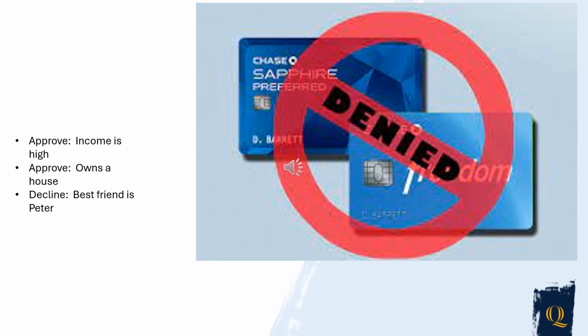However, the decision-making process must be rooted in relevant data. As you can see in the third point on the slide, a model shouldn't reject someone's application because their best friend is Peter. That would be irrelevant and a sign of a faulty model. The purpose of a well-trained predictive model is to use accurate and meaningful data like income, credit score, or employment status to make fair and reliable decisions.